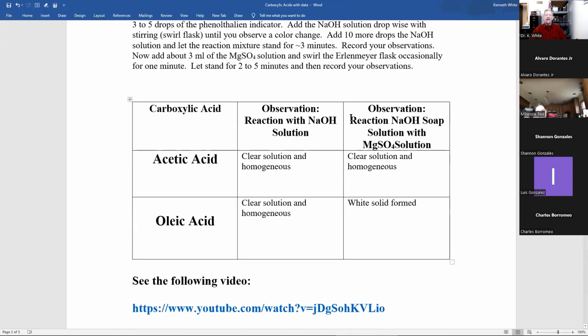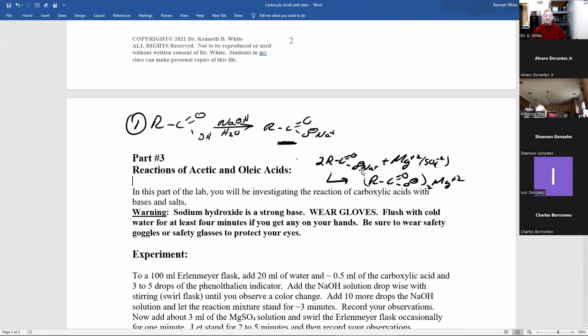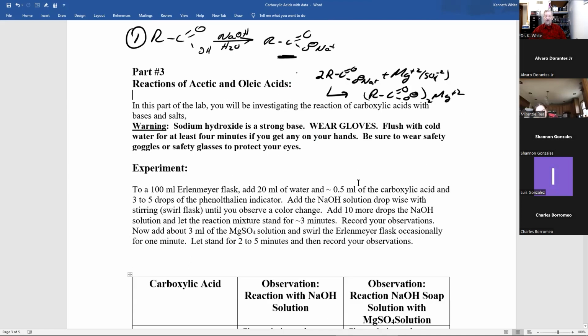And when you take the original solution, which is also called a soap solution, carboxylate anions, certain ones, I'll teach you more when we get into fats and oils, are called soaps, like you wash your hands with, certain ones.